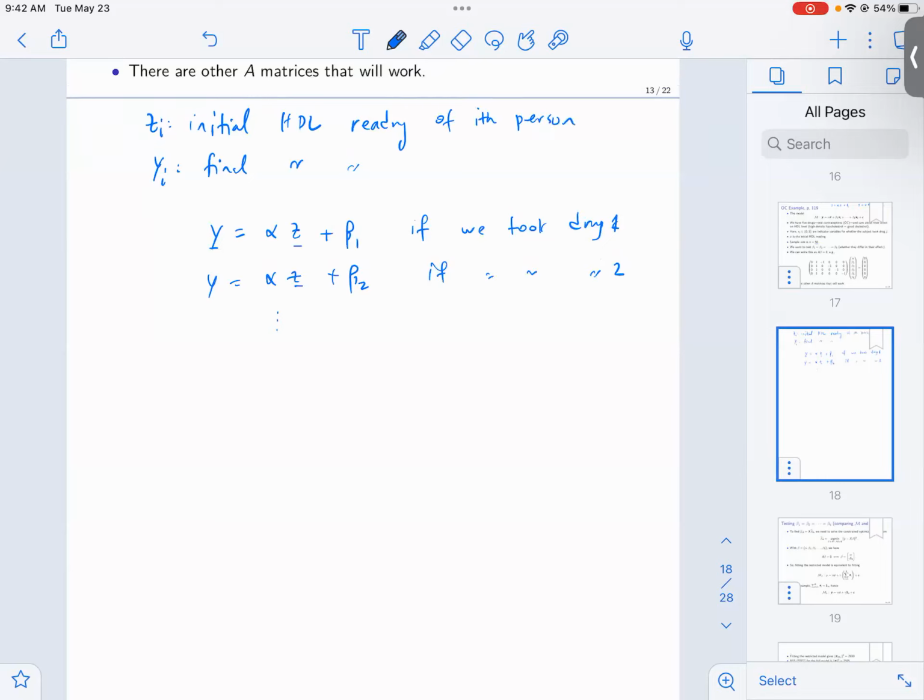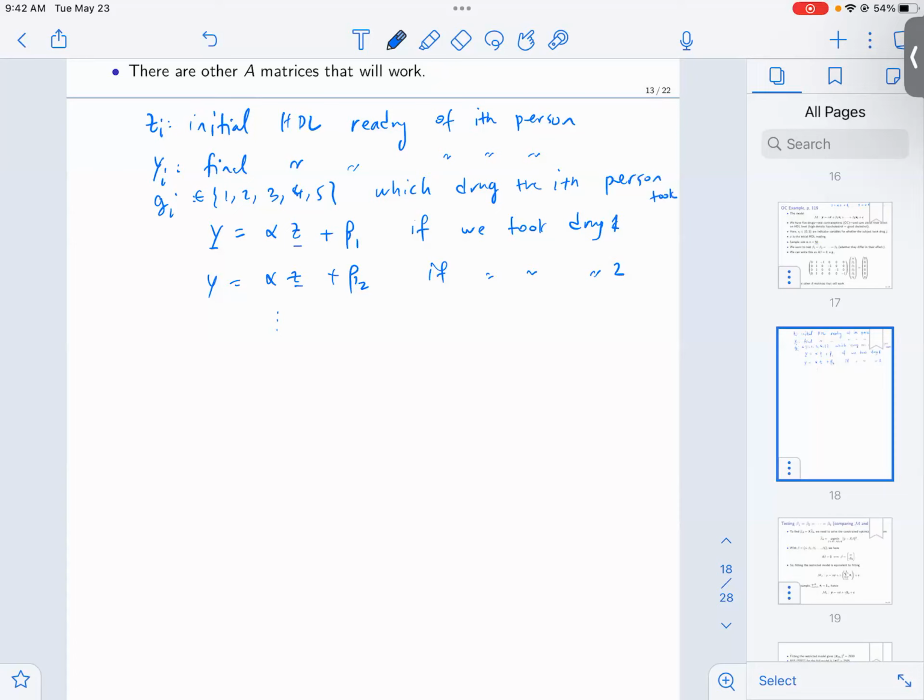This is Yi, the final reading of the ith person. And let's say I call it a group, Gi. This would be in 1, 2, 3, 4, 5, which drug the ith person took.